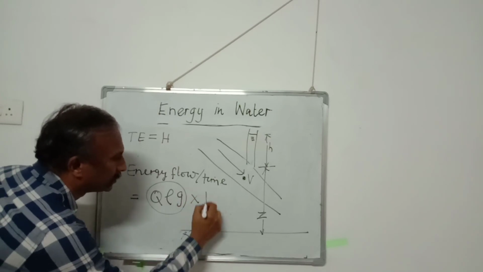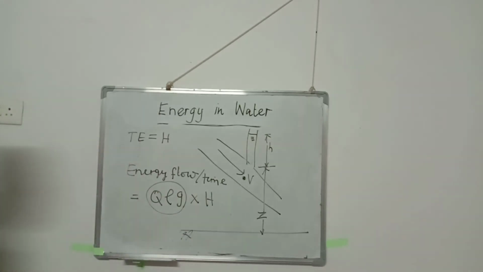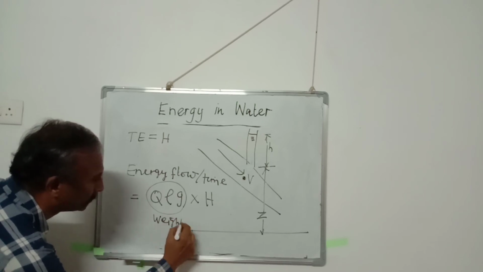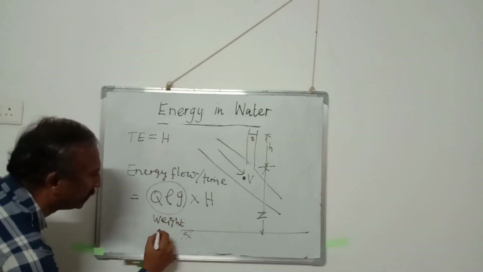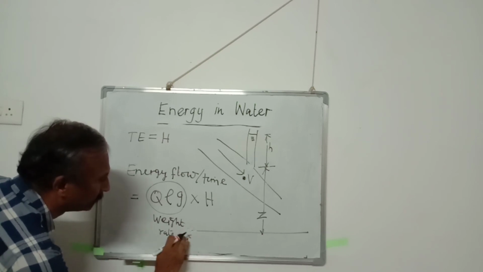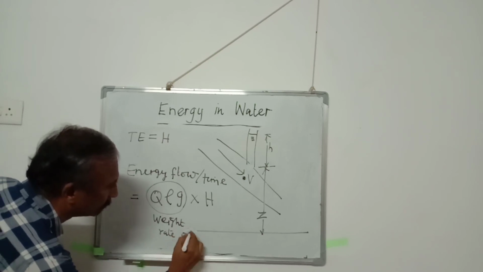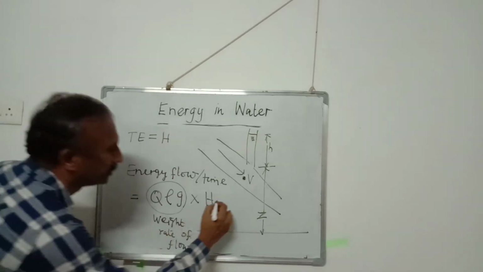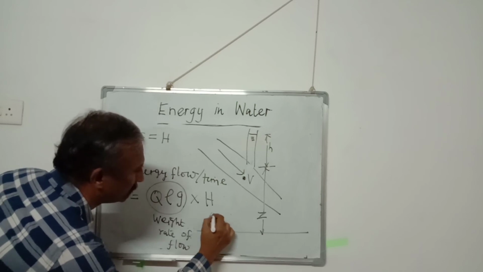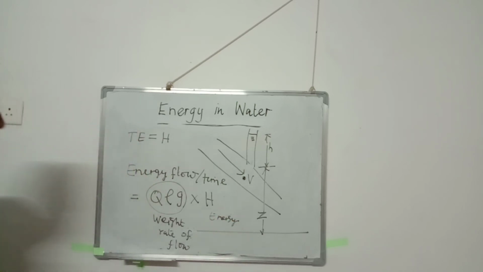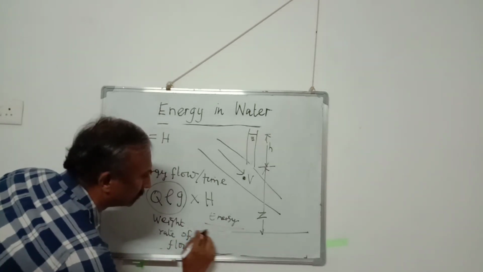So this is the weight rate of flow, multiplied by H, which is energy per weight.